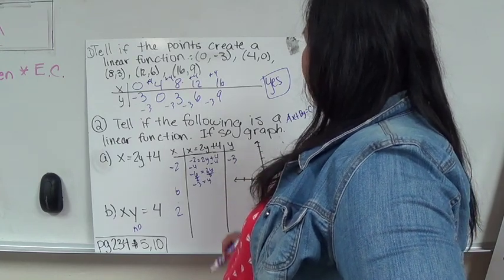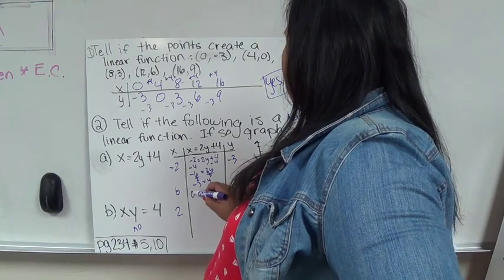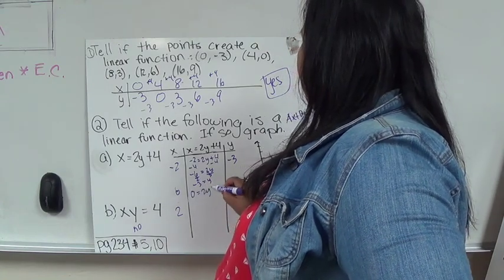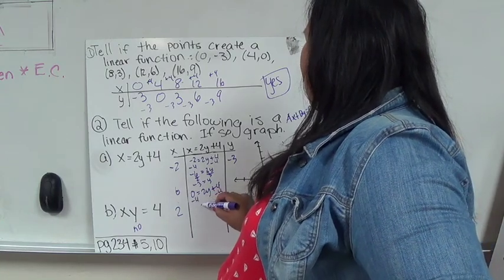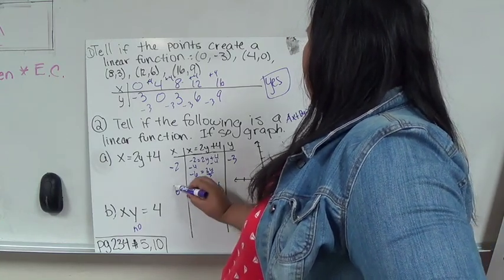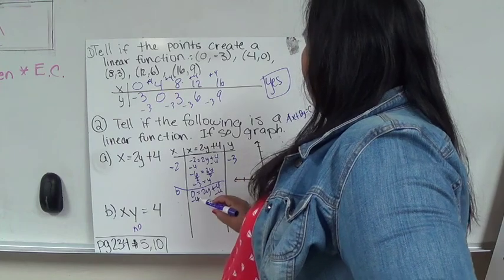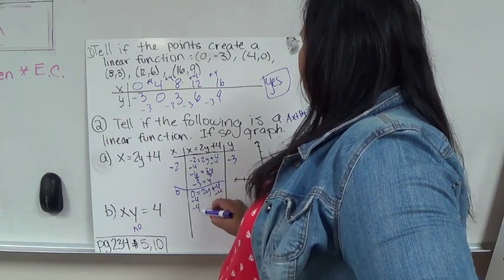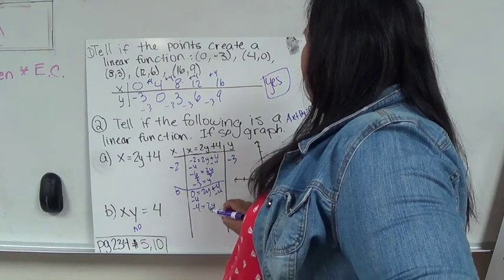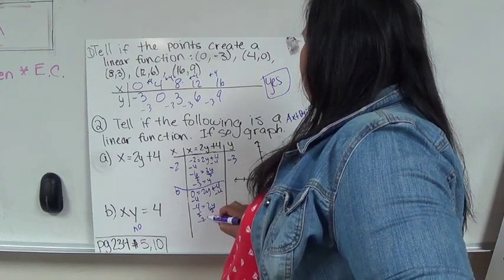So y is -3. Now I put in 0: 0 equals 2y plus 4. I subtract 4 from both sides and end up with -4 equals 2y. Divide both sides by 2, I get -2 equals y.